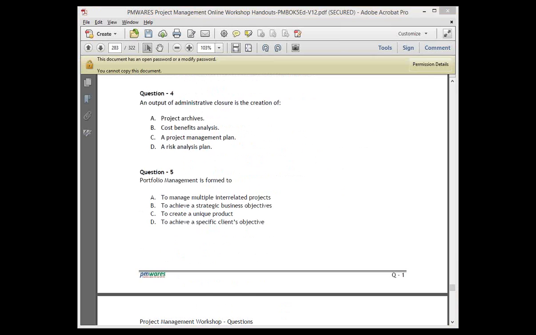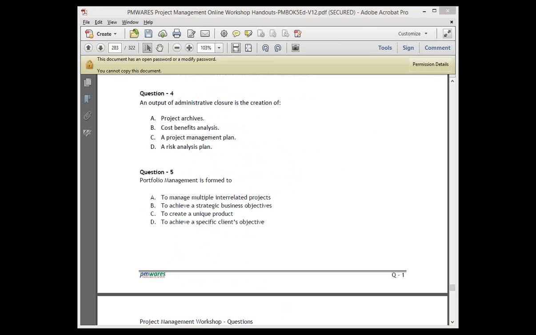We did not cover this part, right? Yes, as such you are right, but we did talk about that in the closure, where you do project archives. There are three things: project archive, the transition of the project, and the lessons learned. So in closure these three things happen.